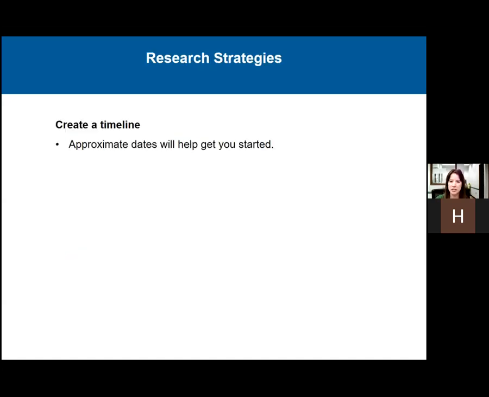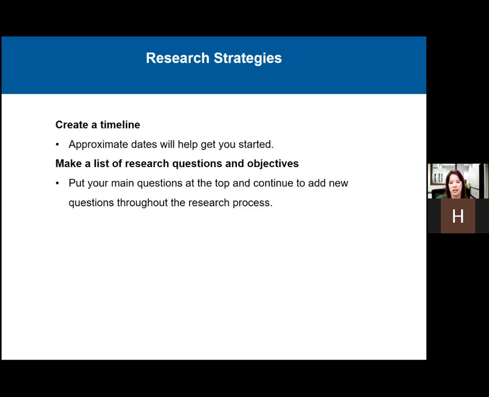So some basic research strategies that we're going to talk about tonight include creating a timeline. If you aren't sure of a specific date, using approximate dates is fine. You more or less want to have a general idea, a chronological time frame of when events occurred and what time frames your ancestor would have been at different times, and also their ages at different times.